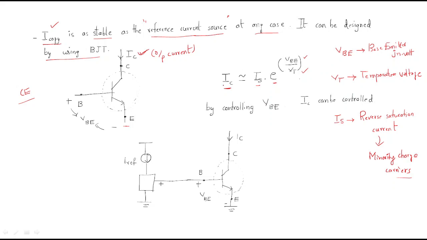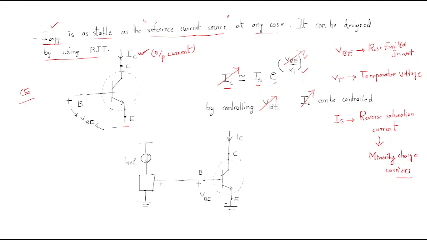So in order to control this current, we can control it by using the VBE. So by controlling VBE, the collector current can be controlled. That is the important point here. That's why we take a BJT here.